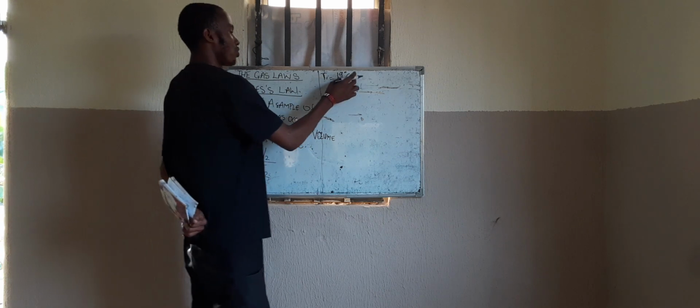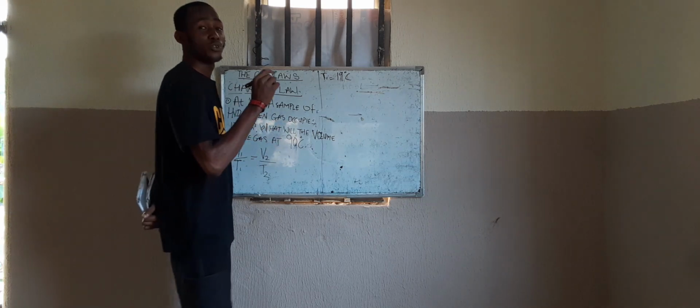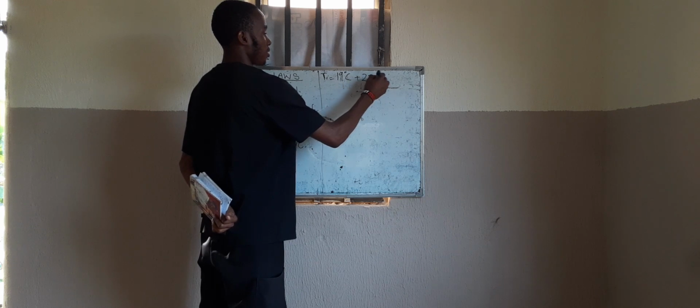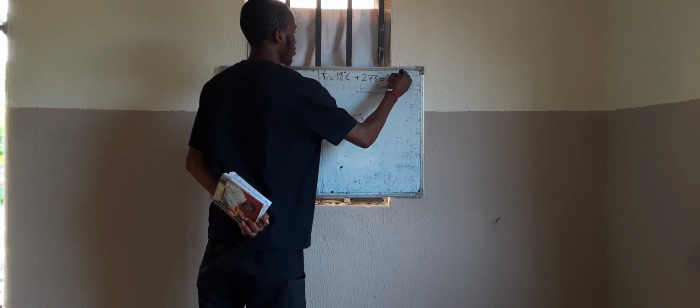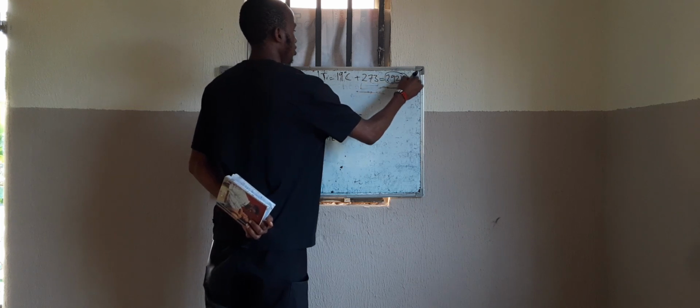But mind this, you can't use this 19 to solve. You have to take it to the standard temperature by adding 273 to it. 273 plus 19 will give you 292. So this is your T1.